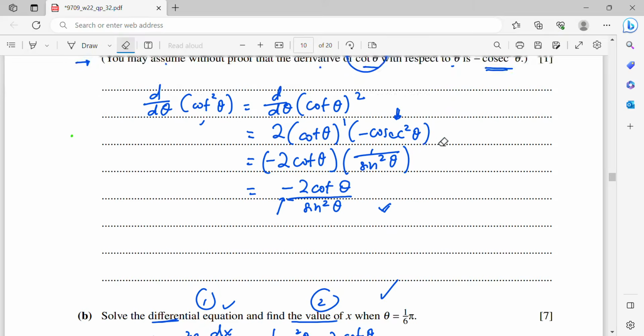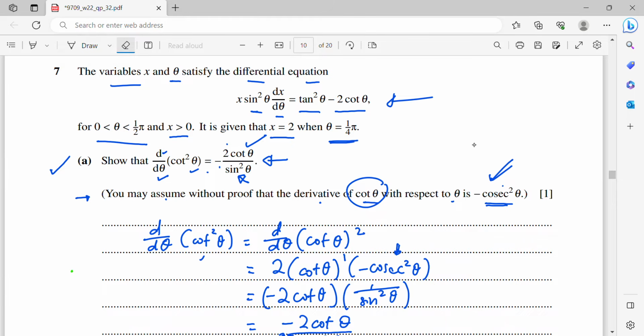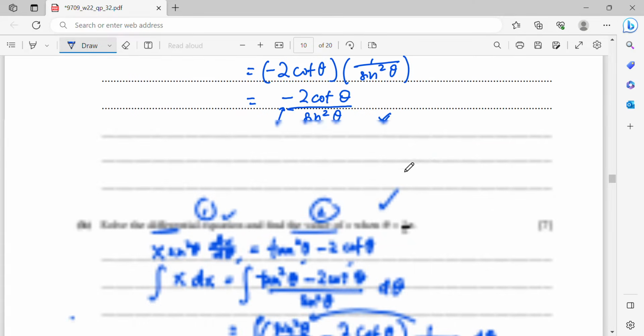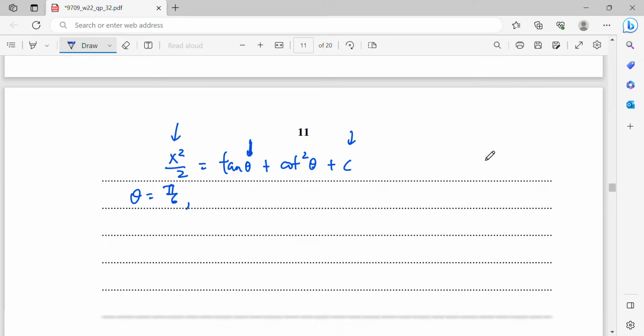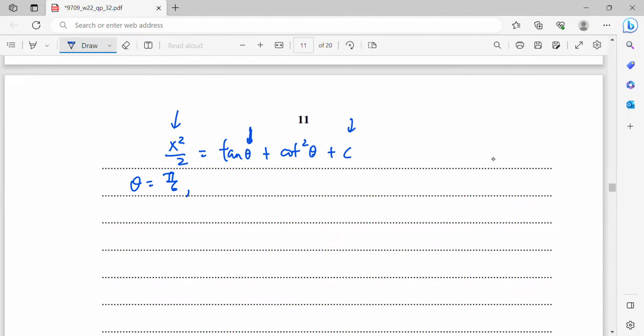So what to do is you need to replace the values over here. When x equals 2, theta equals pi over 4, that will be the solution of the first part. So our first part is not done yet. So now I will write x equals 2, theta equals pi over 6. Then from here we need to find the c.